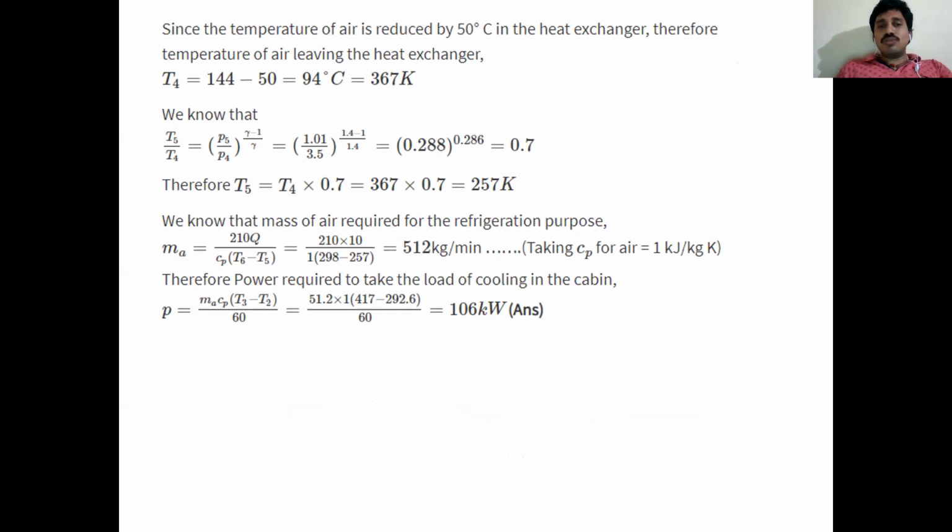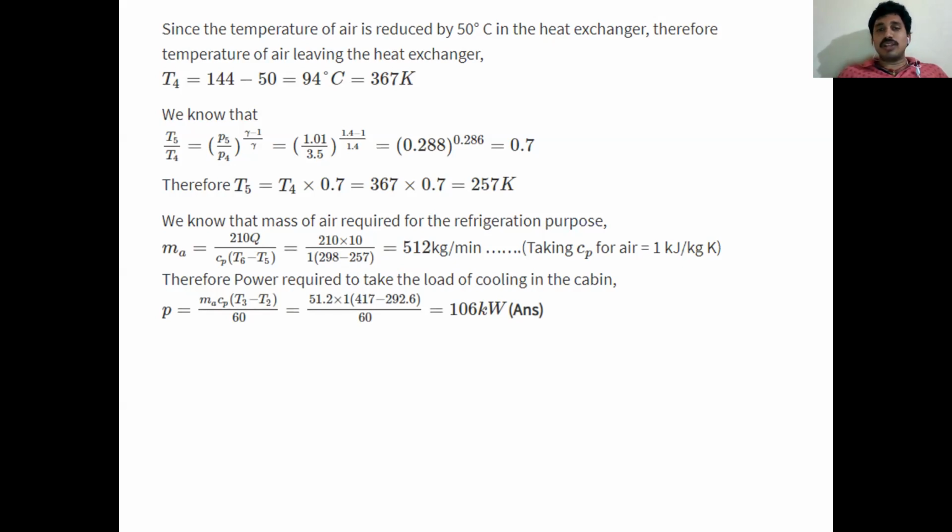So the Q value is 10 TR times 210, and that value comes in kilojoules per minute. If you want kilojoules per second, we need to multiply by 3.517. I already told you 1 TR is equal to 3.517 kilojoules per second, or 1 TR is equal to 210 kilojoules per minute. So here the mass is going to be in kgs per minute. That's why m_a equals 210 Q by Cp (T6 minus T5).